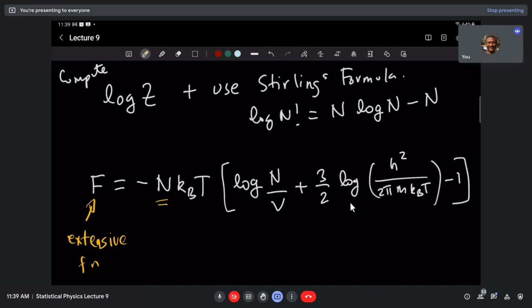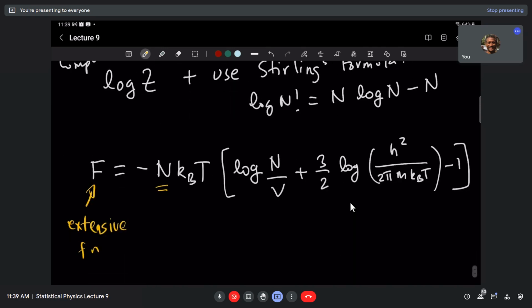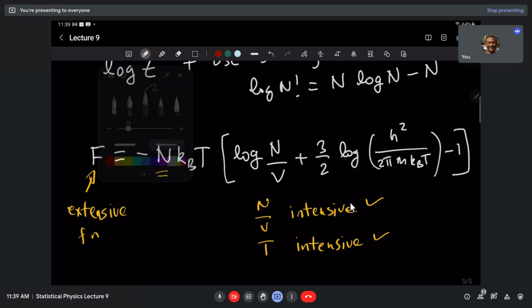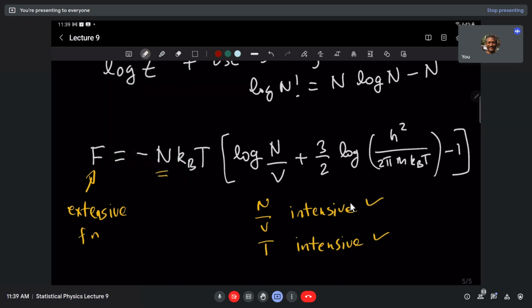And if you did not divide by n factorial, you will see that the extensivity is destroyed, because now you can see n by v. So n by v is intensive, which is correct. So is T. T is also intensive. Is this point clear? Any questions, comments about this computation?